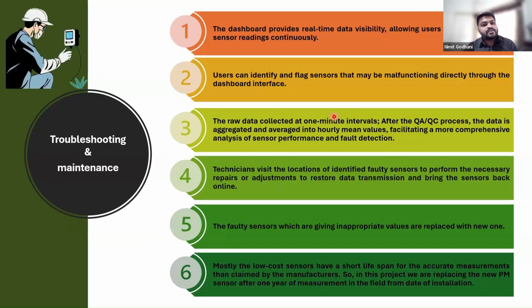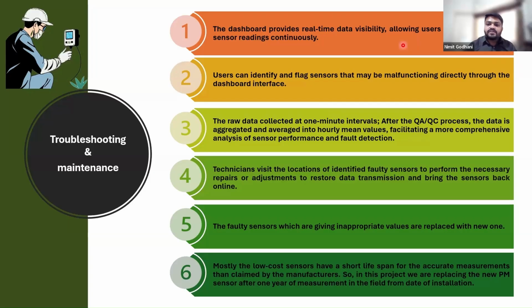In troubleshooting and maintenance, there are mainly a few things. Our dashboard provides real-time data, allowing users to see the sensors continuously. A user can identify and flag a sensor that malfunctions directly through the dashboard interface.